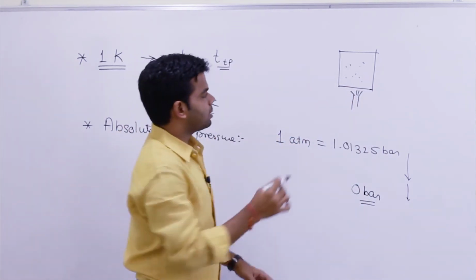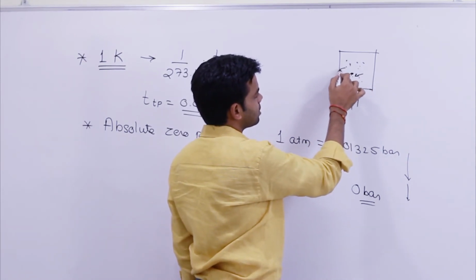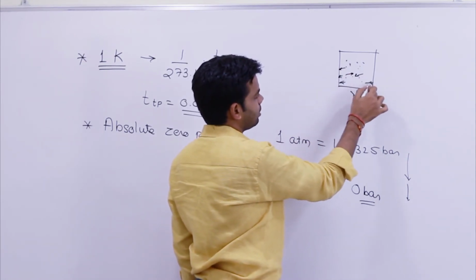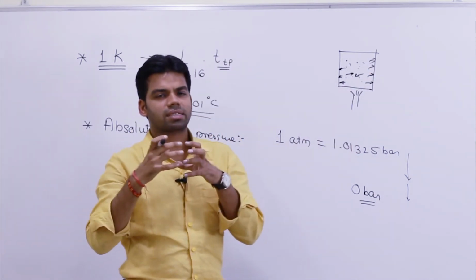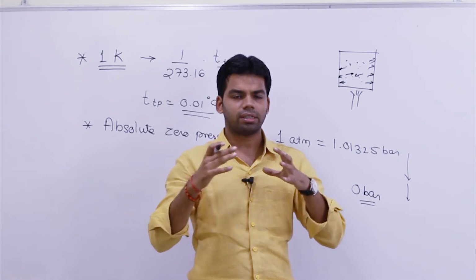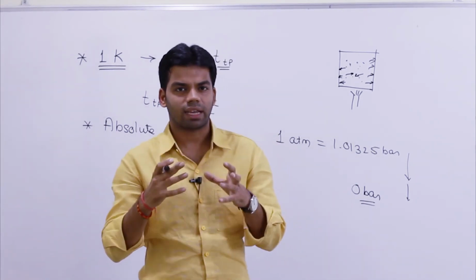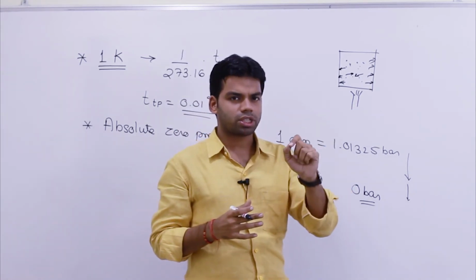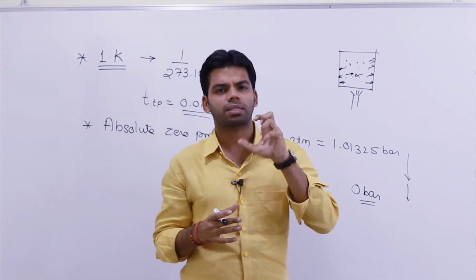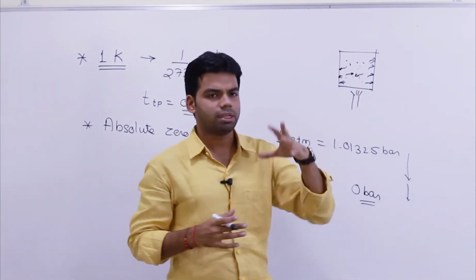The molecules will start moving at a faster pace. They will strike the walls of the container, and the more they strike the walls, the more the pressure will increase. Getting this? So absolute zero pressure means where molecular momentum becomes zero, and the higher the molecular momentum, the more will be the pressure.